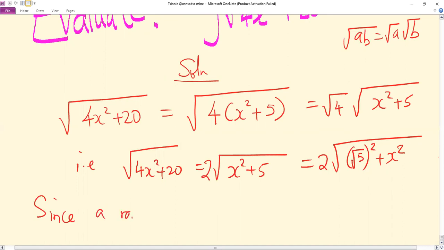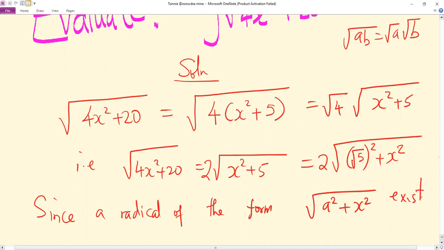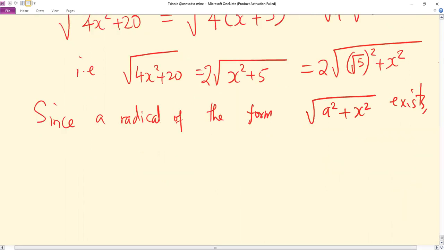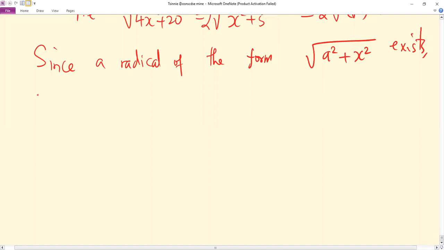And now, because there is a radical of this form, since a radical of the form square root of a squared plus x squared exists, then we make the trigonometric substitution x equals a tan theta.